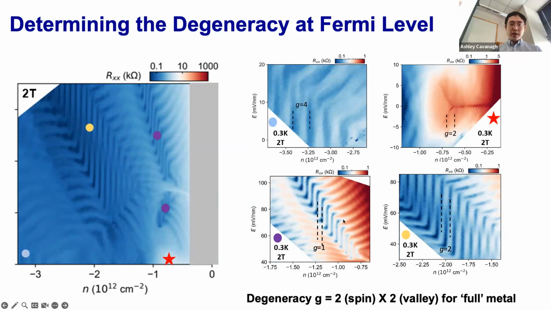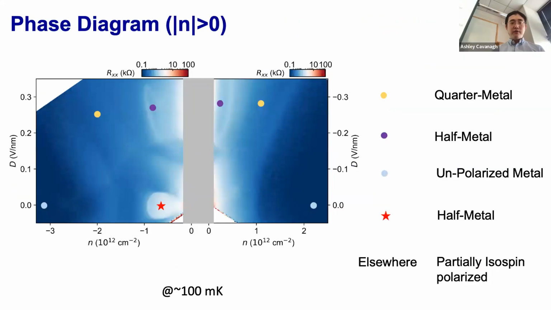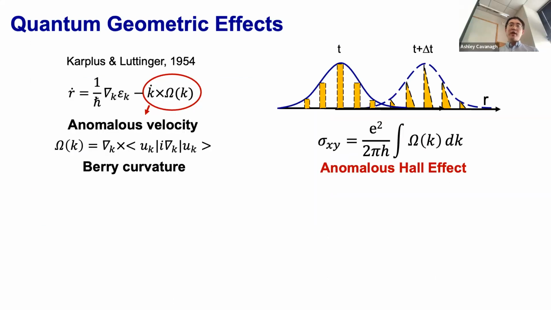So we get these two half metals, and this is a quarter metal. But this doesn't tell you exactly which degeneracy is broken. In order to differentiate between different symmetry-breaking states, you have to do something else. Based on this, you can tell the degeneracy, but to tell whether it's the spin or the valley degeneracy that is broken, you've got to do more measurements.